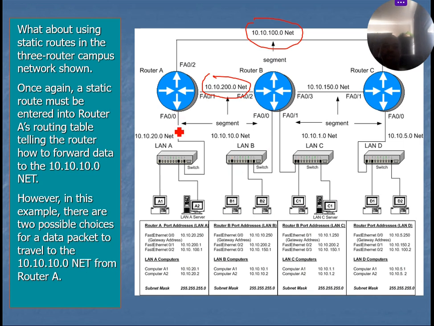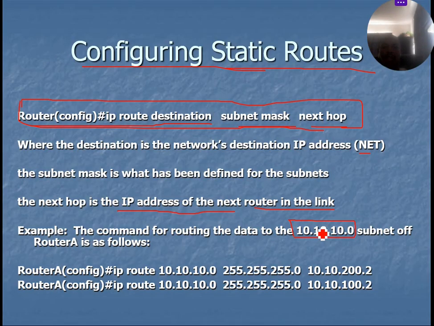So we want to do that. This one is the destination IP address, this FastEthernet A0/0, and the subnet is 10.10.10.0. The destination is 10.10.10.0. This is the destination IP address or subnet mask. So that's what we enter here.